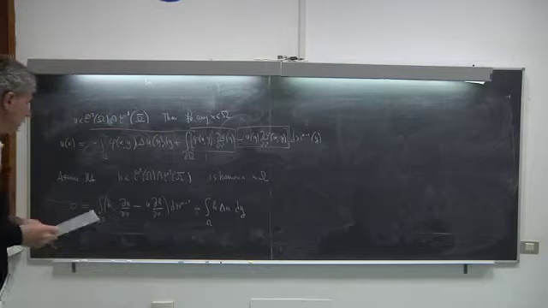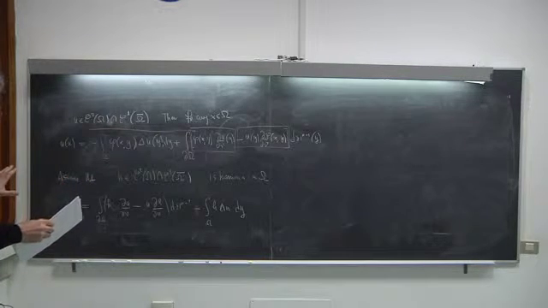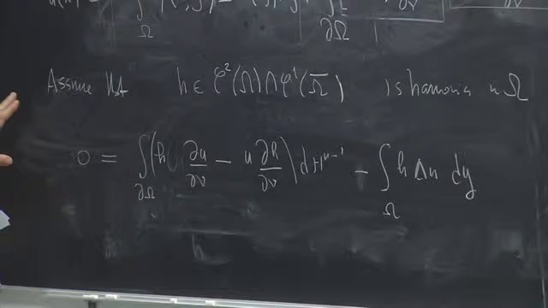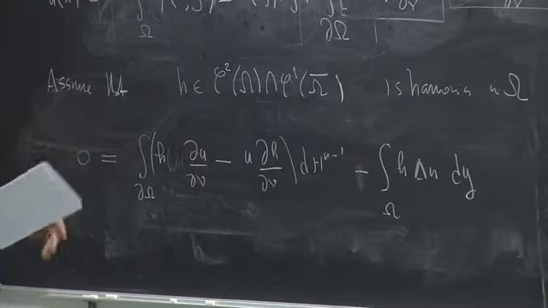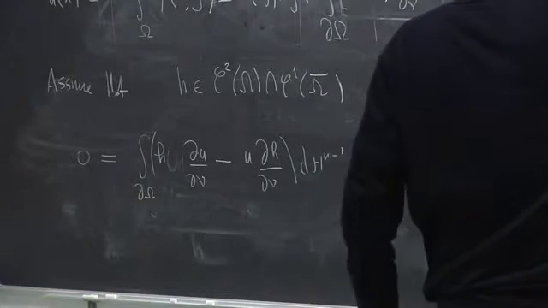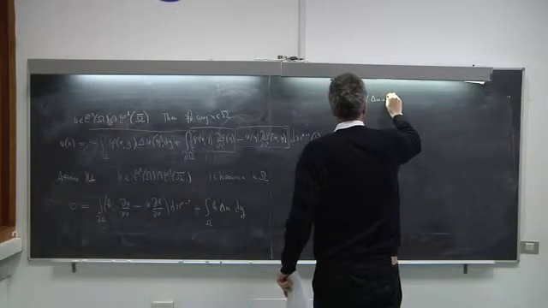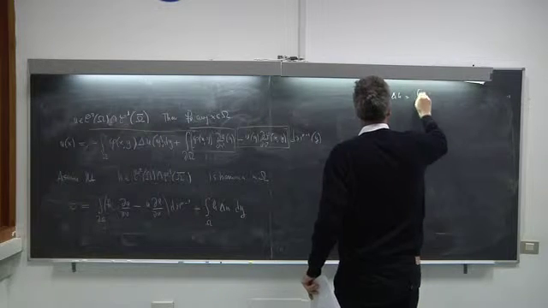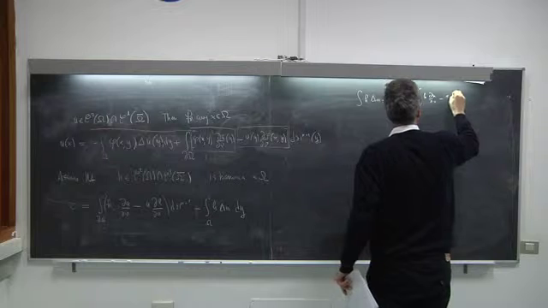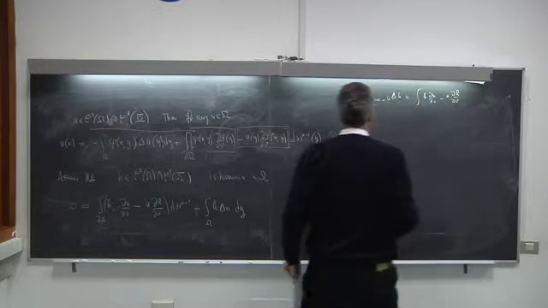We have this from the second Green's identity, right? Do you recognize it? Because let me write it very quickly. h Laplace of u minus u Laplace of h equals h du over d nu minus u dh over d nu. Okay?